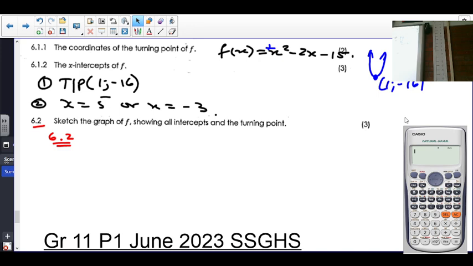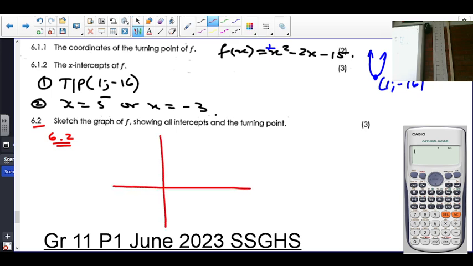You see the question better? Oh, I see. Yeah, we are given in question 6 that f of x is equal to. Okay, now it makes sense. So 6.2 they asked you to sketch the graph.